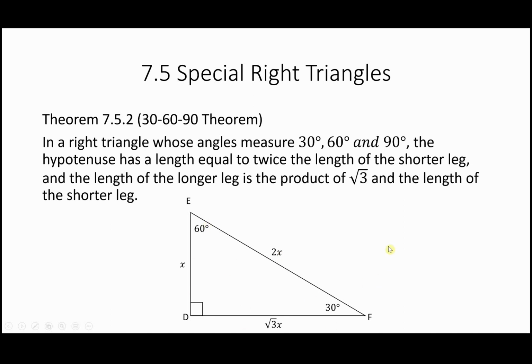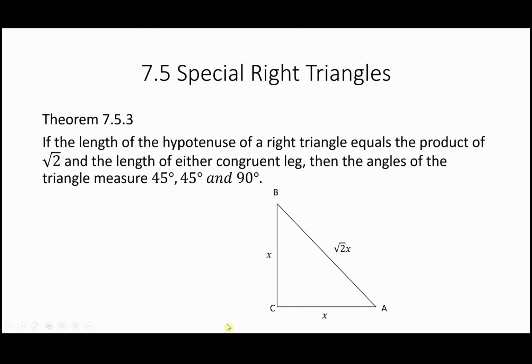Okay? Cool. Now, the next two theorems are going to be the converse of the two theorems that have been presented so far. So here is basically the converse of the very first theorem, introducing the 45, 45, 90 right triangle, which is to say that if you have a right triangle, so actually there should be a box right here, right from the get-go.